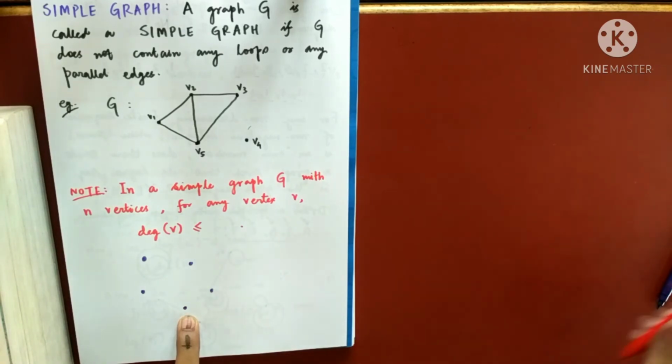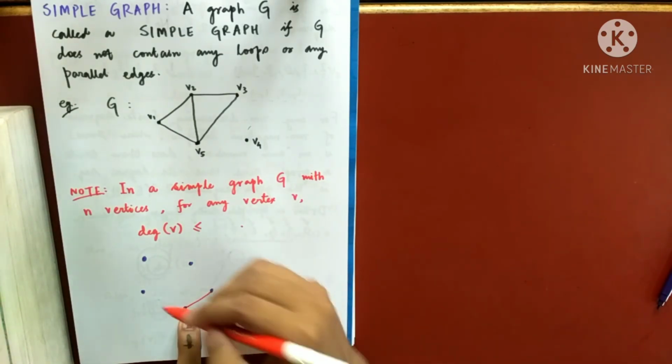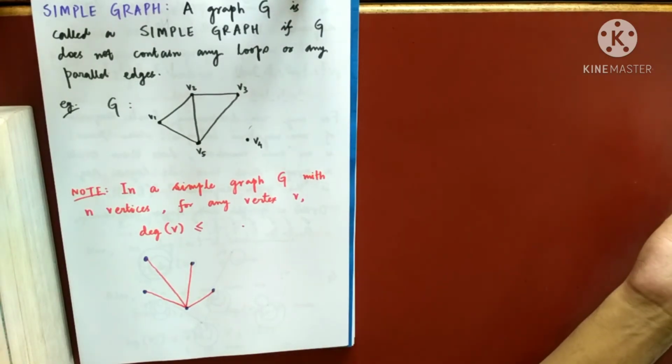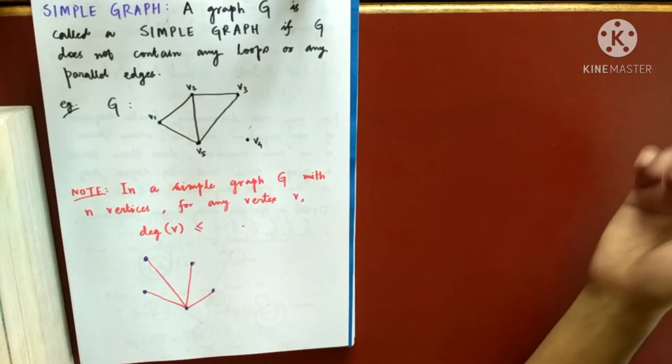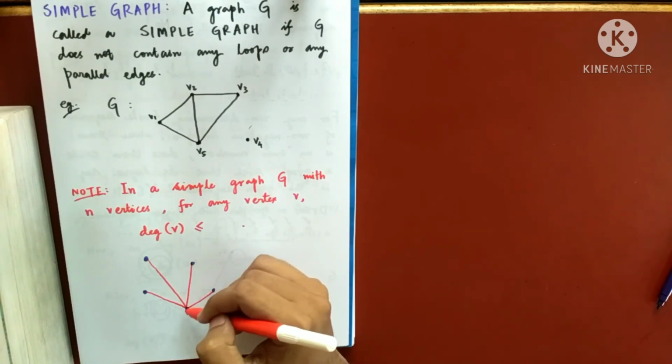Now this can be adjacent to the remaining 4. So maximum it can be adjacent to these 4. Can it be adjacent to any other vertex? No, because there are no other vertices. And secondly, it cannot be adjacent to itself, because for that I have to draw a loop.